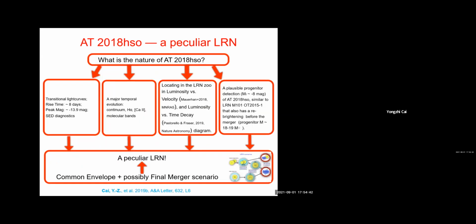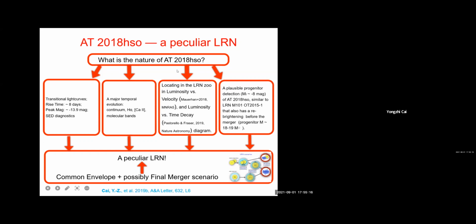So what is the nature of 2018 HSO? From its transitional light curves, the SED diagnostics, and the tremendous change of the spectral evolution, we also studied the physical parameter correlations, for example, the luminosity versus velocity diagram and the luminosity versus time decay diagram.